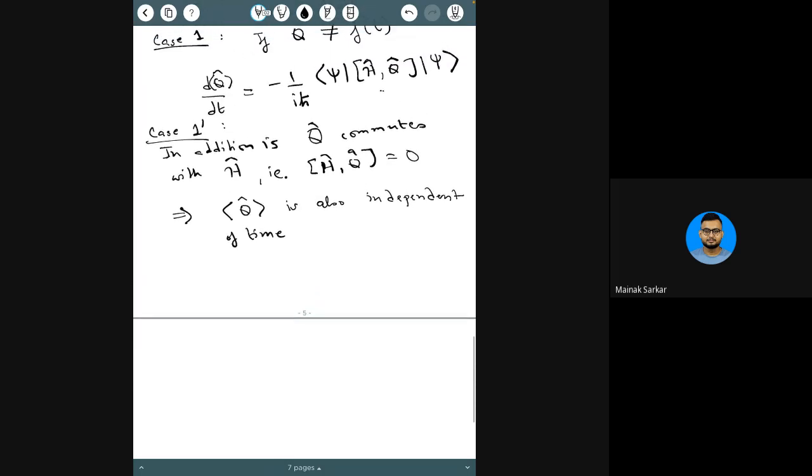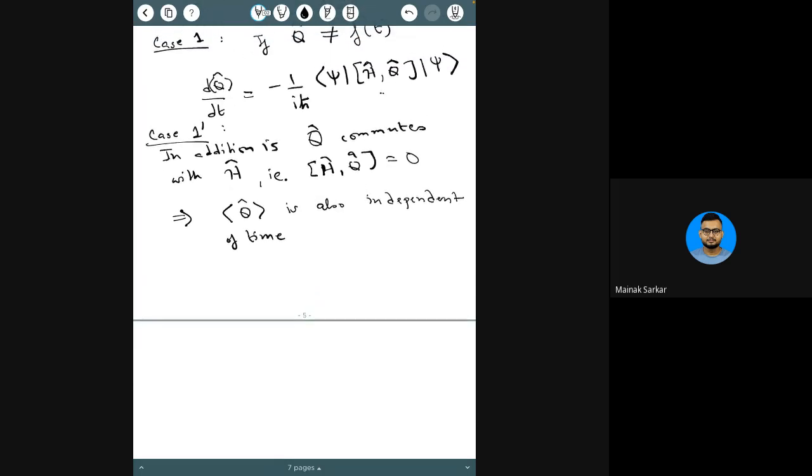Now I will specialize to a situation where my operator itself is not dependent on time. So this is in brackets, I'm continuing case 1.